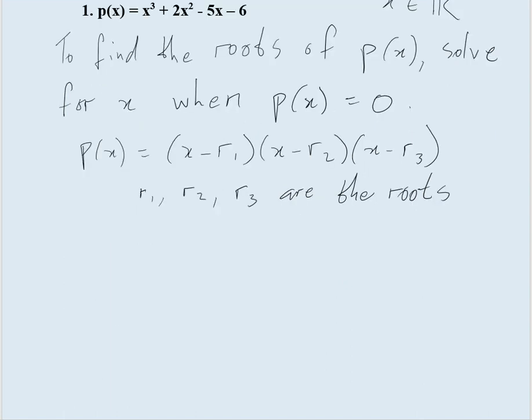So the cubic polynomial in its most general form is expressed as ax cubed plus bx squared plus cx plus d is equal to 0. Now, we'll call a the leading coefficient.